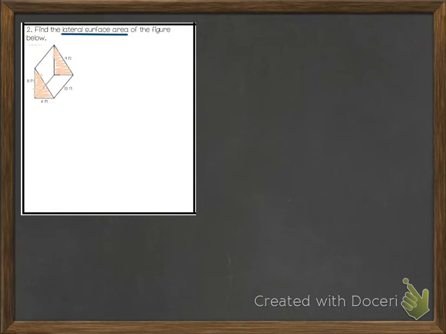Lateral means no bases, so those things that we just shaded, we're not going to use. So we just have this side right here, and then we have this bottom. So let's do the bottom.